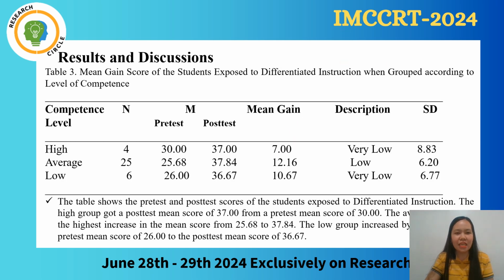Table 3 shows the pre-test and the post-test scores of students exposed to differentiated instruction. The high group got a post-test of 37 from 30. The average group got 37.84 from 25.68 in the pre-test, while the low group got 36.67 from 26 in the pre-test.